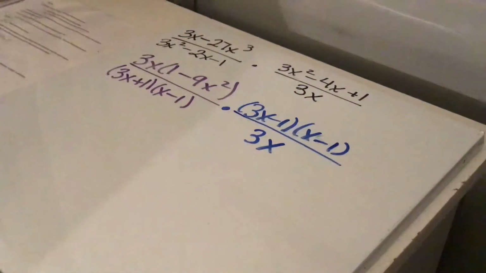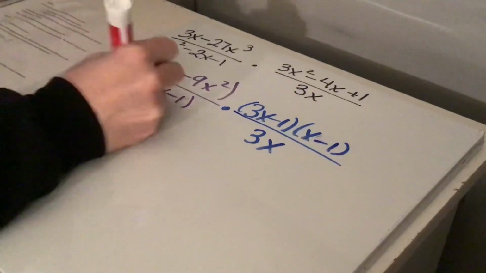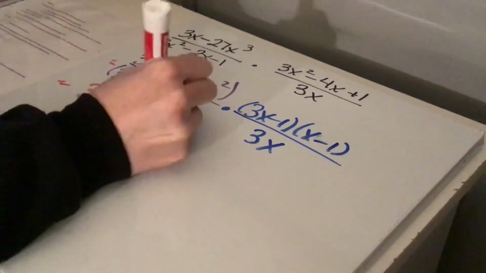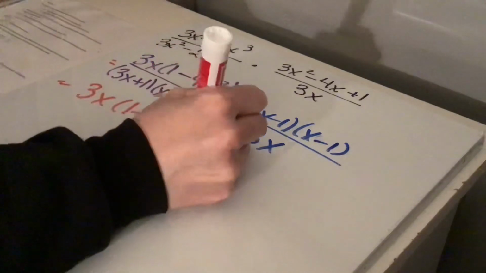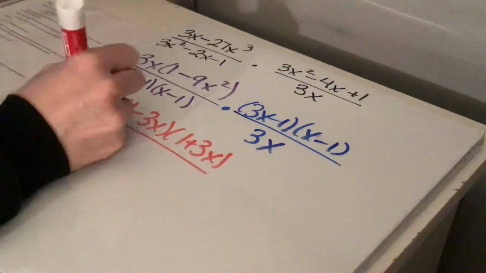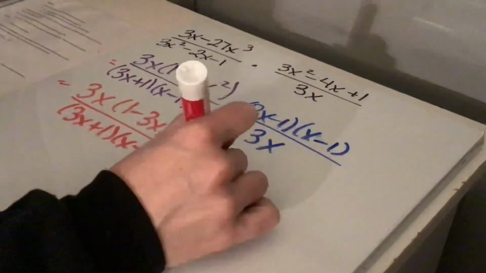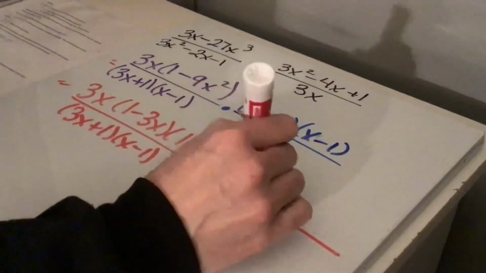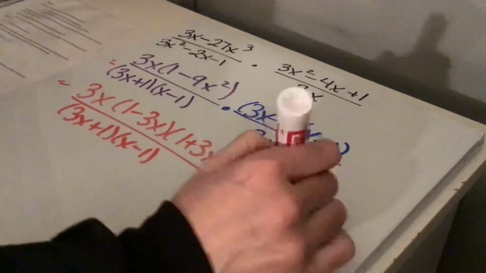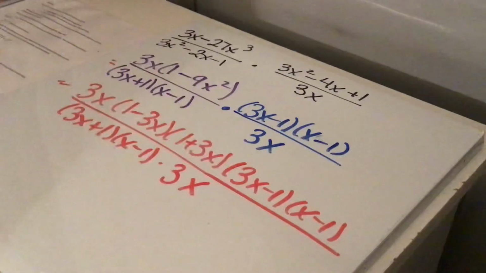This is the difference of two squares. So we're going to get 3x times 1 minus 3x times 1 plus 3x over 3x plus 1 times x minus 1. It's multiplication, so I'm going to put this all as my one numerator, 3x minus 1, x minus 1 times 3x.